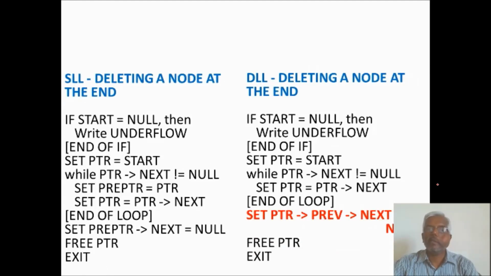Similarly for deleting a node at the end, our singly linked list algorithm is here. And for deleting the node at the end in doubly linked list, once again there is only one new statement added, that is set pointer of previous of next is equal to null.